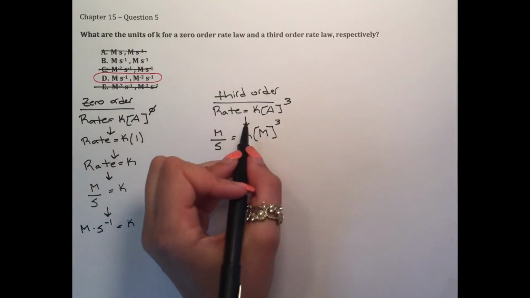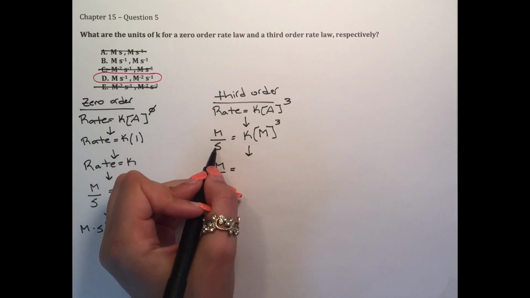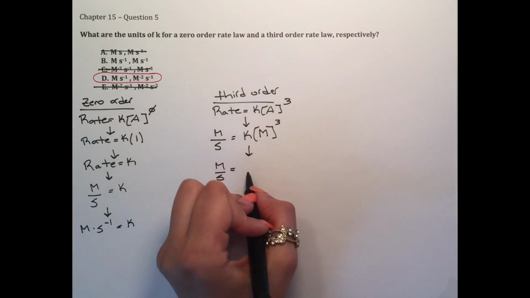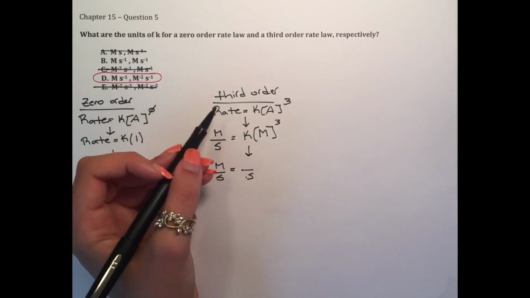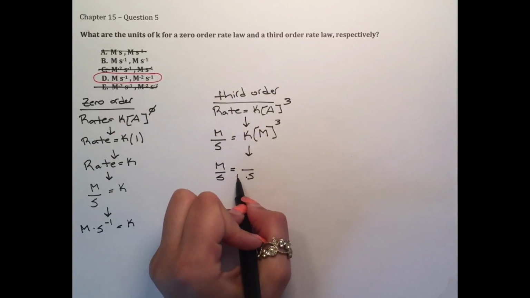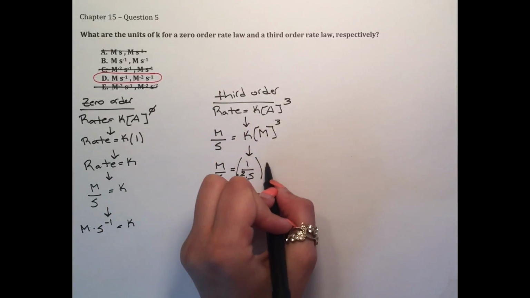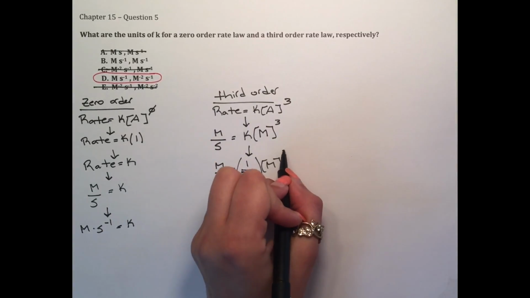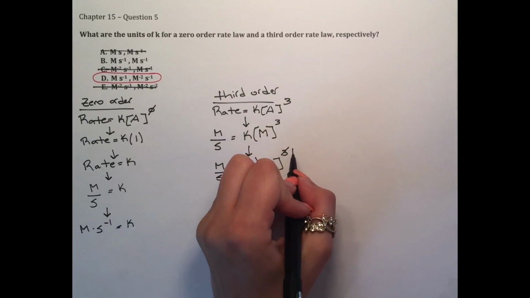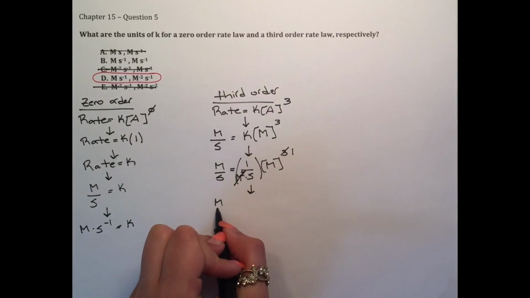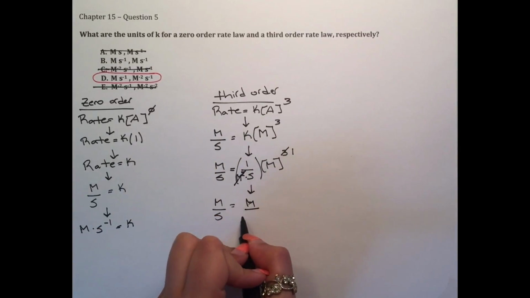Now what we have to do is figure out what K should be so that the units cancel out and we end up getting molar over seconds on this side of the equation. S always goes in the denominator, and if we put M to the second in the denominator, then this 2 will cancel out, this 3 will cancel out and become a 1, and we will end up with molar over seconds equals molar over seconds.